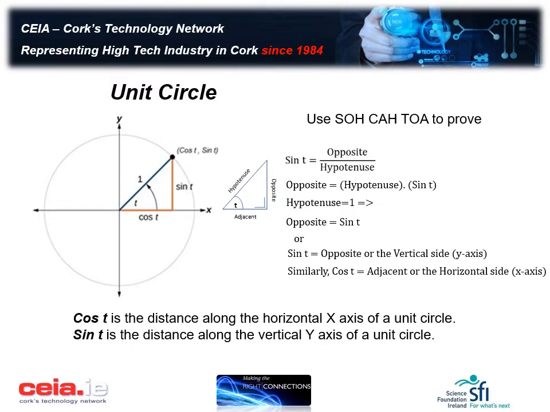Therefore, the length of the opposite side in a unit circle equals sine of the angle at the center of that circle, or sine t is equal to the opposite or vertical side along the y-axis. And similarly, we can prove that cosine is equal to the adjacent or the horizontal distance along the x-axis.